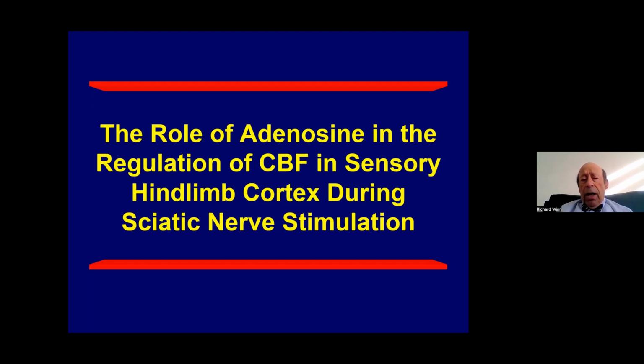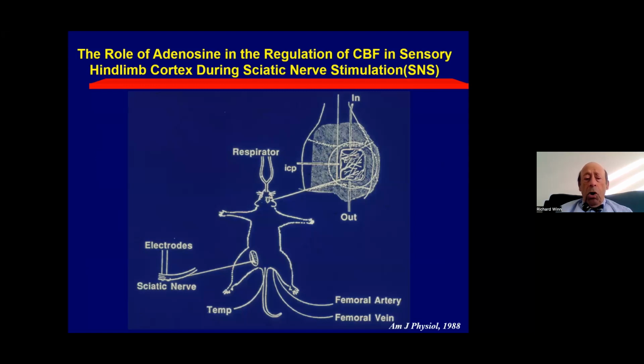And we developed this experimental paradigm shown here, where we would stimulate the sciatic nerve and look at one arteriole in sensory hind limb cortex. This took a long runway for us to get to the point where we could really study what we were interested in. We had to develop this model.